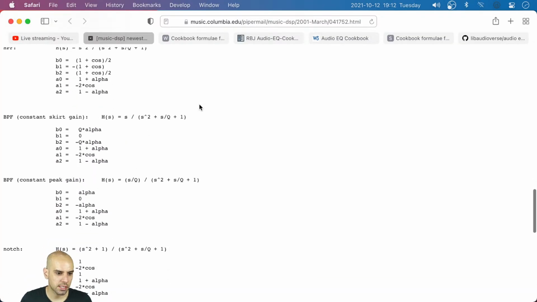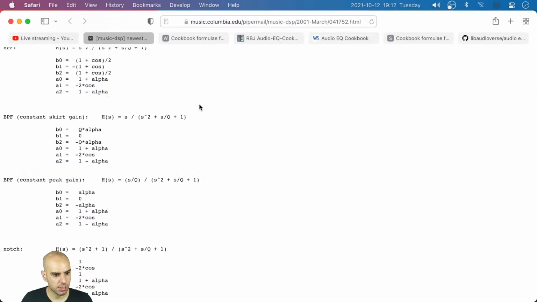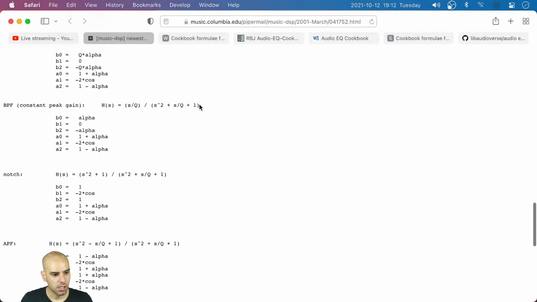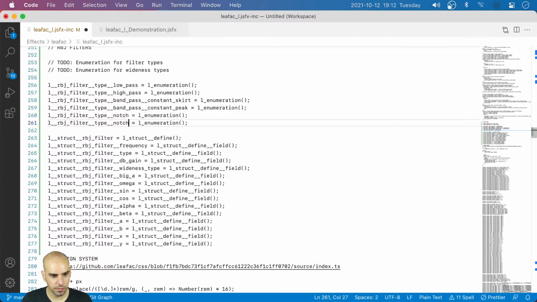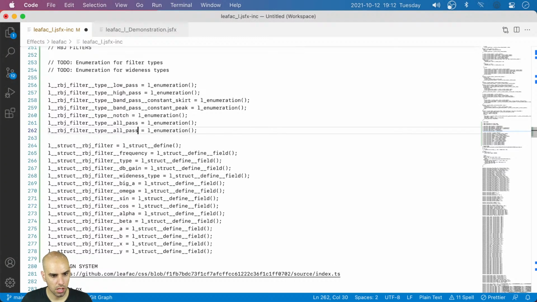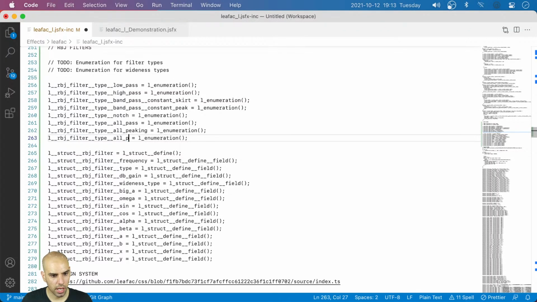So band pass, constant skirt gain. So band pass, constant skirt, and band pass, constant peak. Then we have notch. All pass, peaking EQ, and low and high shelves.